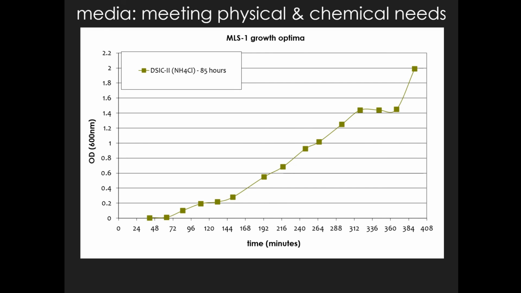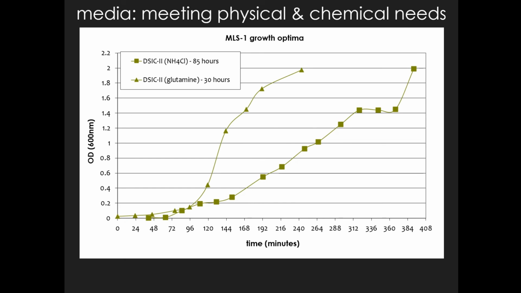So you start tweaking the recipe and trying to decide whether or not you can figure out a better way of feeding this microorganism. And one of the things that you can change is the ammonia. You can say, okay, instead of giving him an inorganic form of nitrogen, I'm going to try an organic form of nitrogen. So you give him glutamine, which is an amino acid, and lo and behold, the generation time drops from 85 to 30 hours.